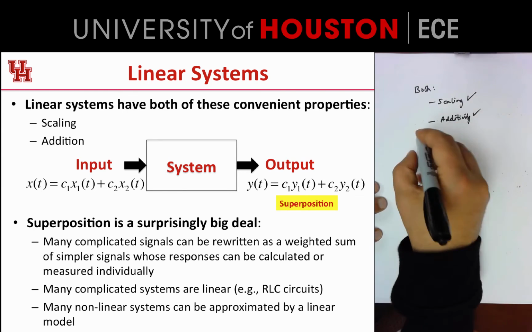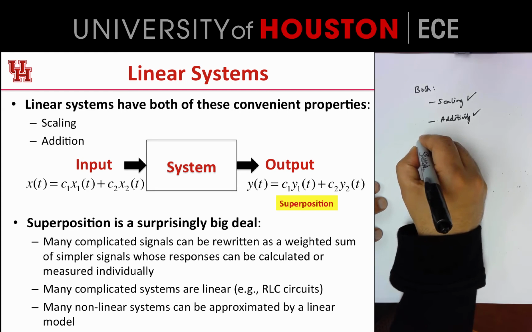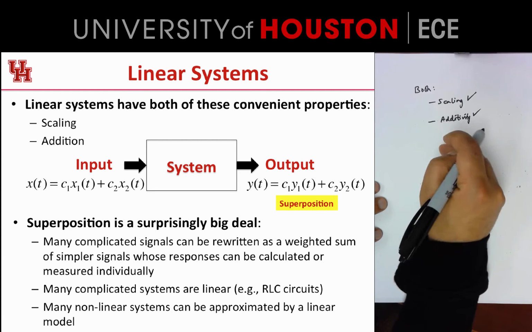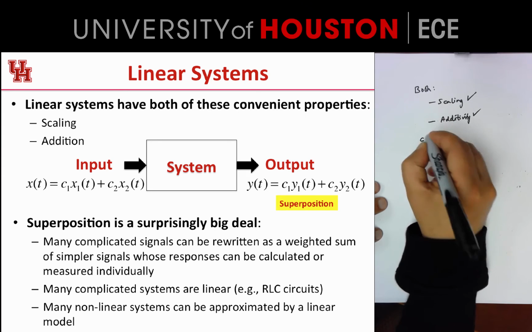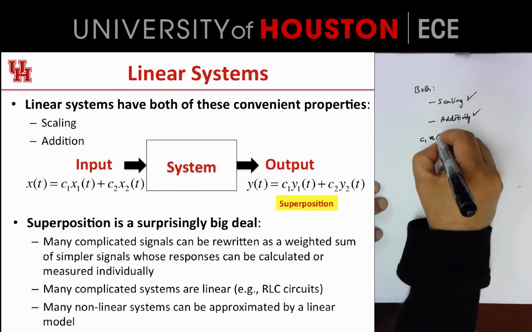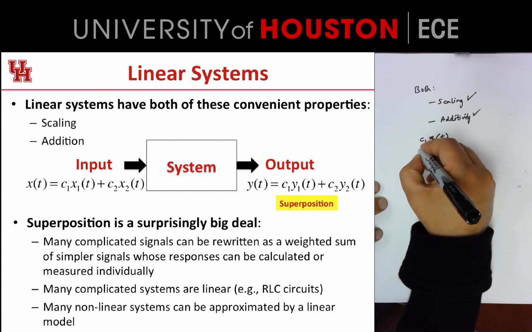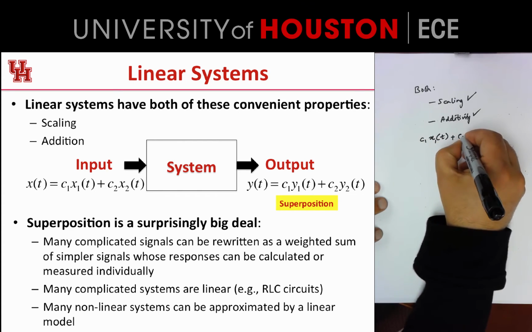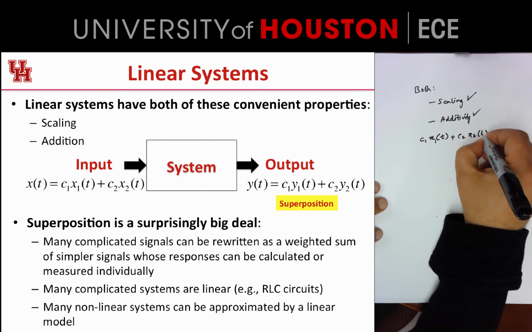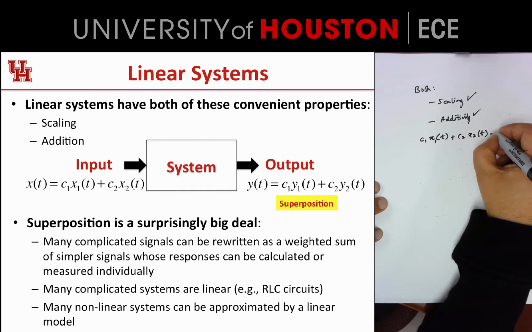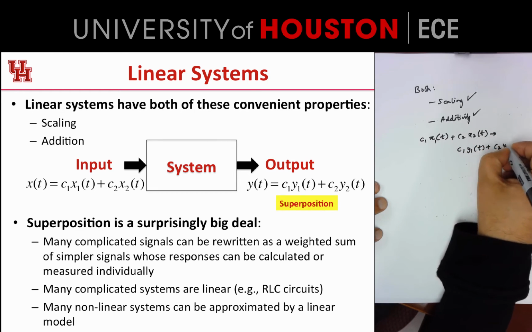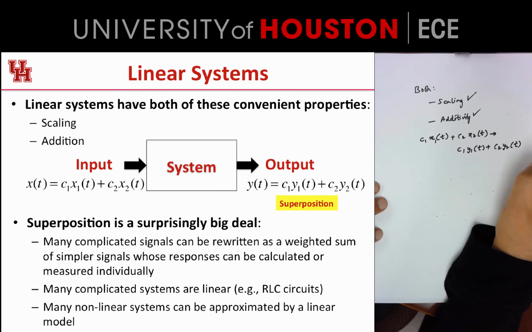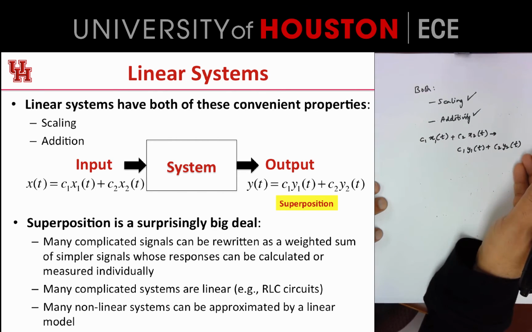If I have two different inputs, x1 and x2, and their corresponding outputs are y1 and y2, then any linear combination of them, for example, c1 times x1 of t, where c1 is a constant, plus c2 times x2 of t, where c2 is another constant, will produce the output c1 y1 of t plus c2 y2 of t. And it's not hard to see how this can be useful.